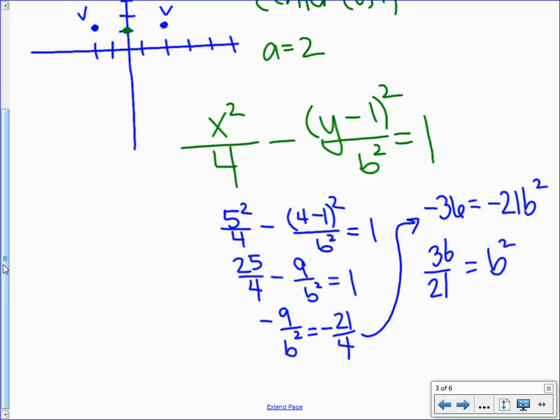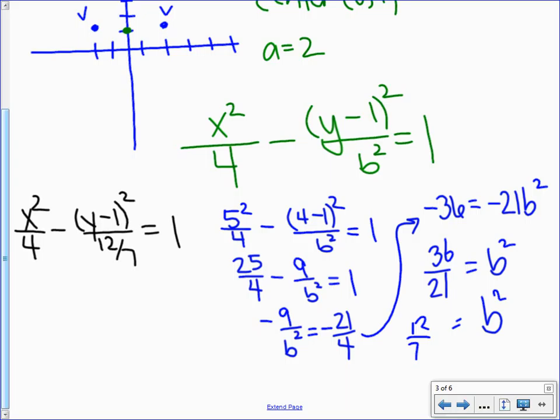So what would it be? 12/7? Okay, great. So then our standard form equation would be x squared over 4 minus y minus 1 squared over 12/7 equals 1.